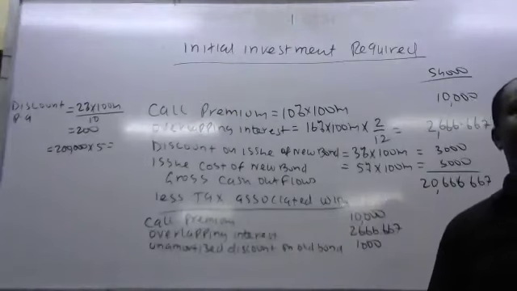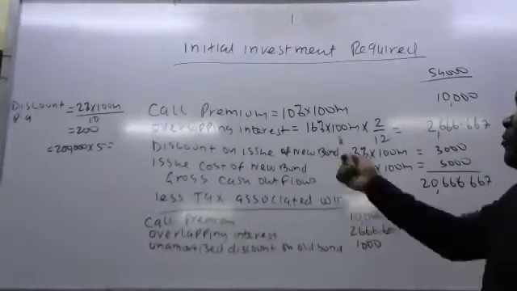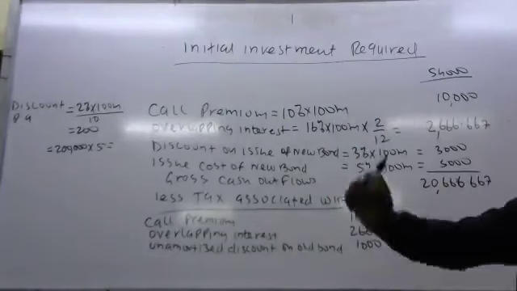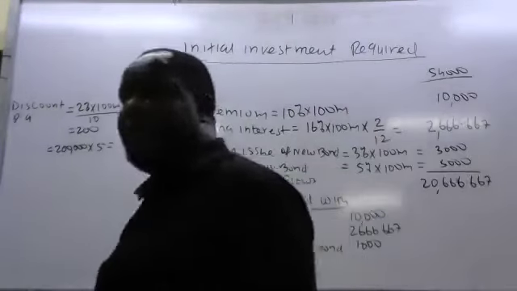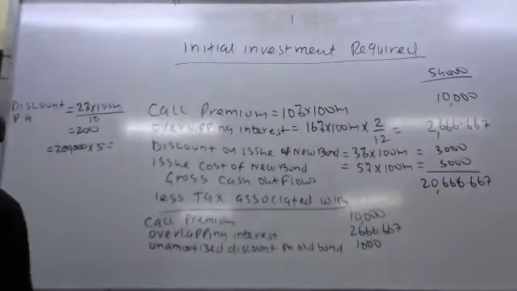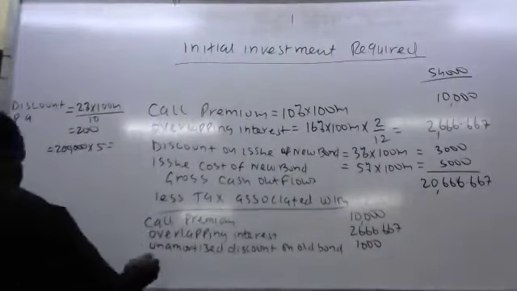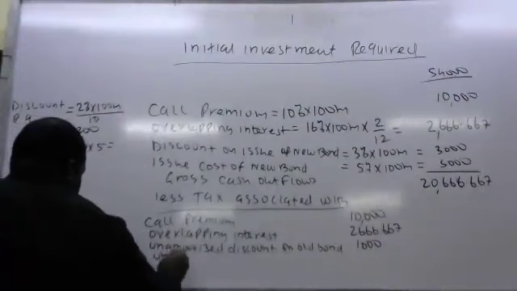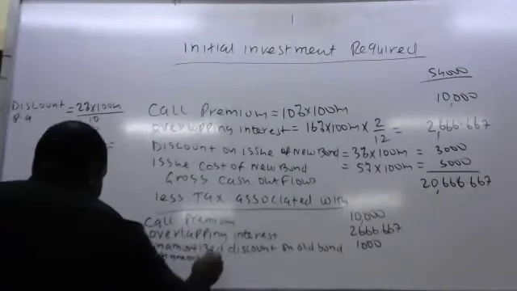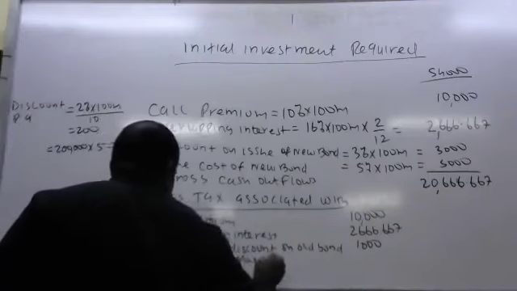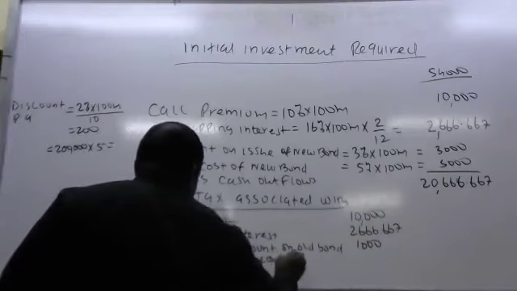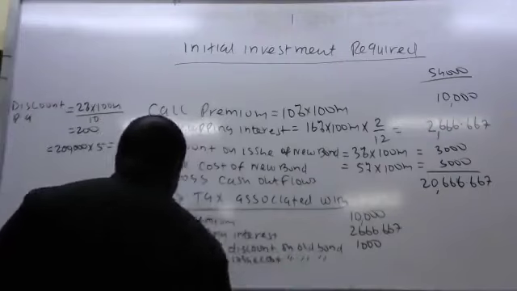Tax has not been paid on it. So it will be factored in when we are looking for the refinancing at that portion. So we also have an amortized issue cost, also on the old bond.